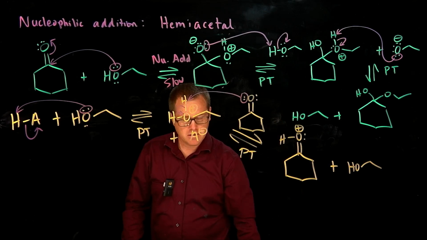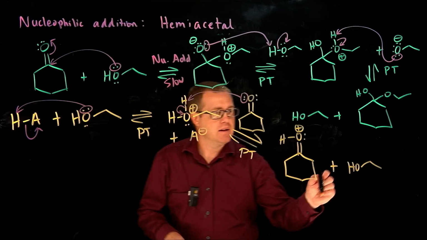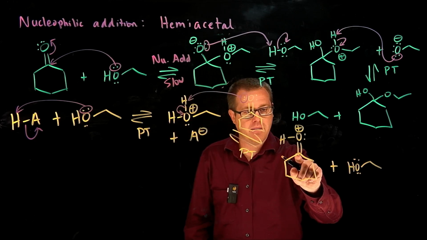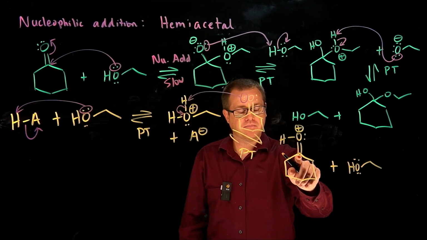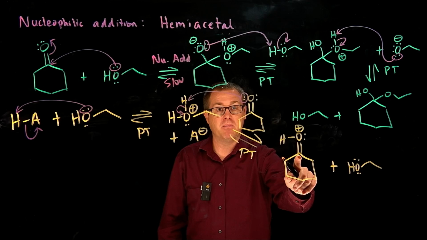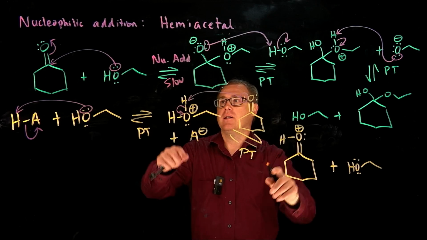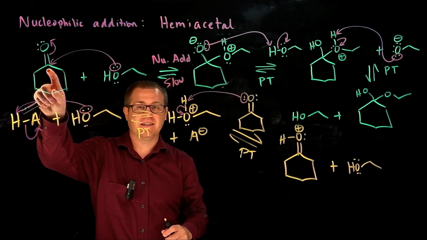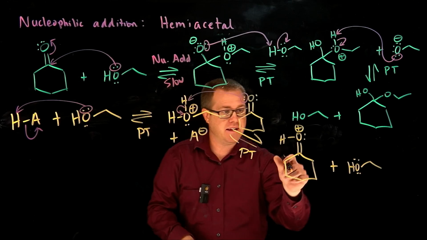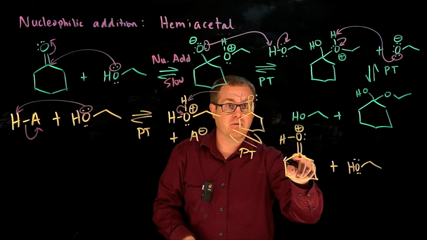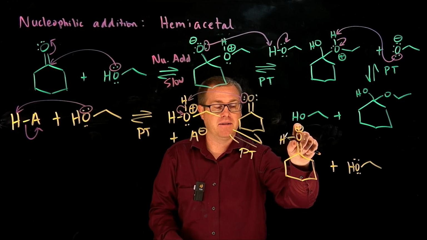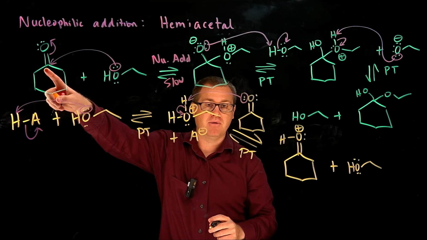Okay. Now what's going to happen is we're going to now see that this carbonyl carbon right here is going to be more reactive than that carbonyl. That's what the acid is doing. It's making this carbonyl right here more electron deficient when it's protonated compared to when it's not protonated.